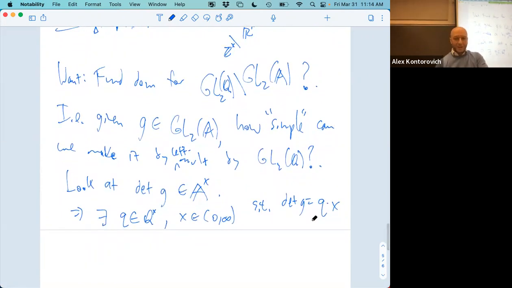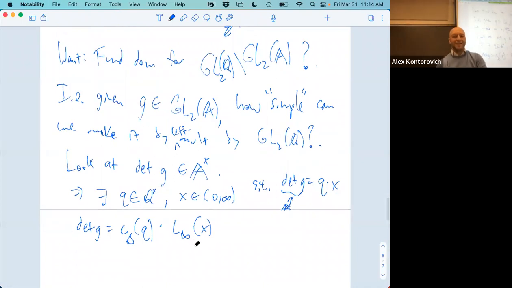Let me be a little bit more precise because this is an edel or an edel. This isn't. So what I really mean is that I can write the determinant of G as the diagonal embedding of Q, right? I can embed Q into every place times the infinite embedding of X. So the infinite embedding of X is, I only put X in the infinite place. I don't know what to do with a real number at the two-adic place. There's no way to, I just put ones everywhere else.